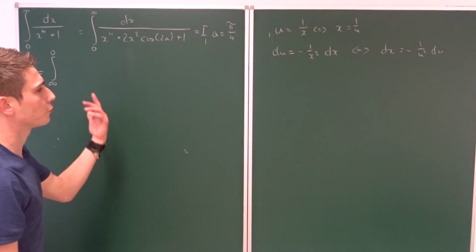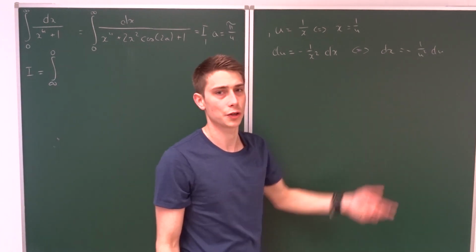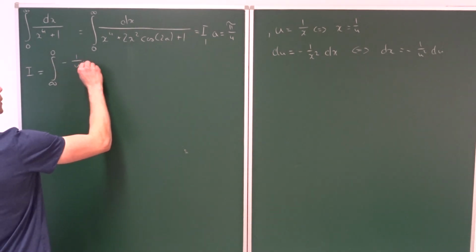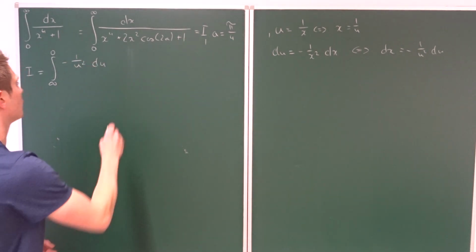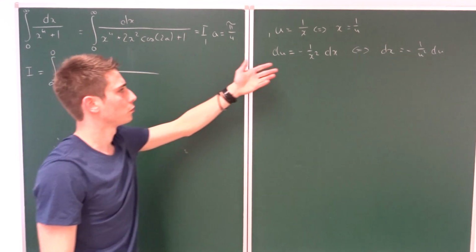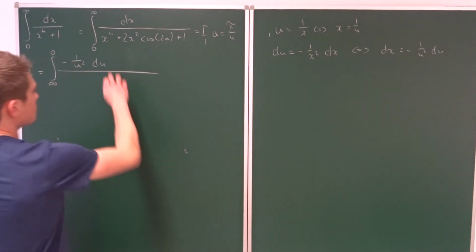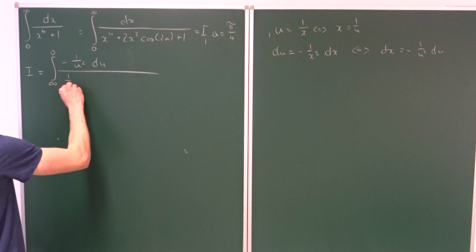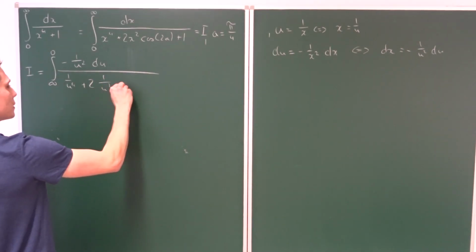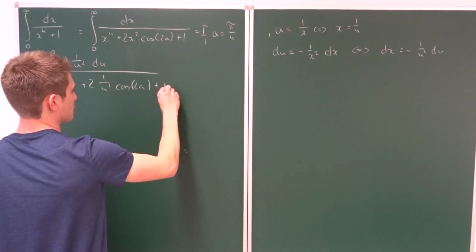Okay, at first let's plug in our dx. Our dx equals minus 1 over u squared du. So yeah, let's plug this in. That's minus 1 over u squared du. Okay, and let's change all of our x's to some u. Okay, so x equals 1 over u. So x to the 4th power equals 1 over u to the 4th power, plus 2 times 1 over u squared times cosine of 2a, plus 1, and 1 just equals 1.